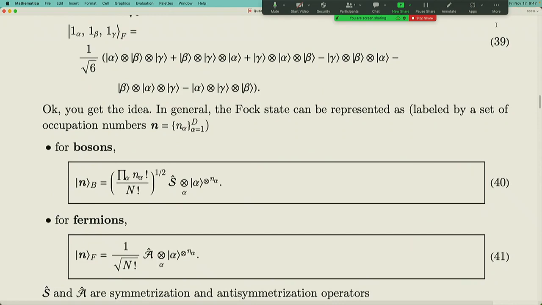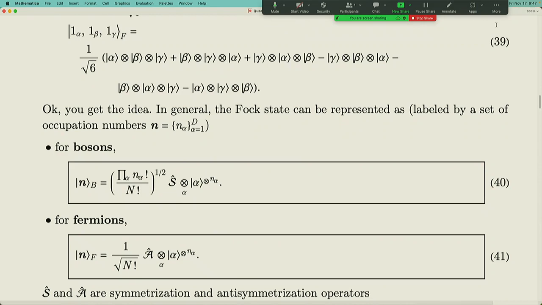So in general, if I have a bosonic state labeled by occupation numbers, where every state alpha gets occupied by n alpha, what we need to do is we first take the first alpha and then copy it n times, tensor them together, and then take the second possible alpha, which maybe here is labeled by beta.